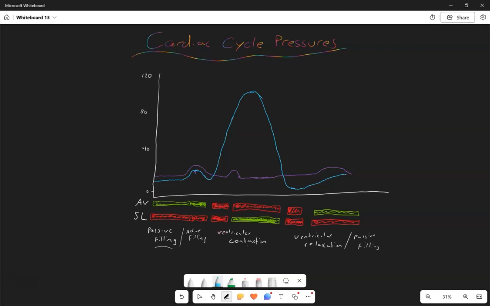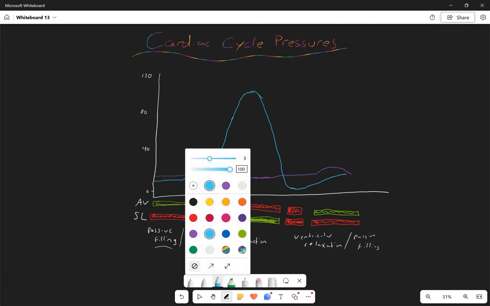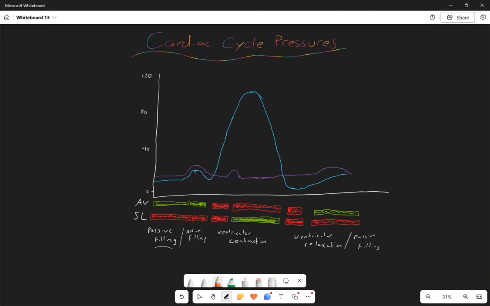Now what do you think is going to happen inside the blood vessels, inside the aorta? Let's do orange. During this initial phase, the pressure inside the aorta drops, and then during ventricular ejection it rises up, mirroring the ventricular pressure, because we're pumping blood.